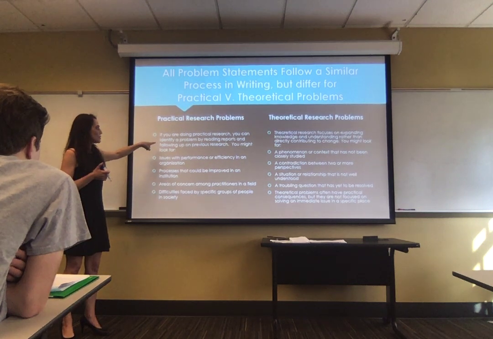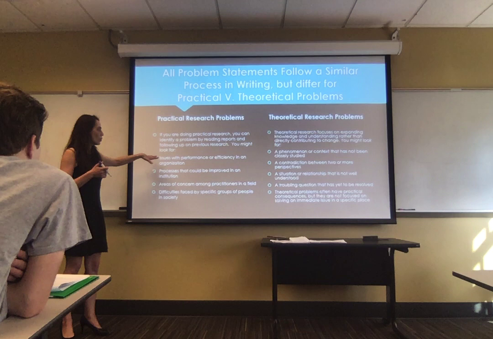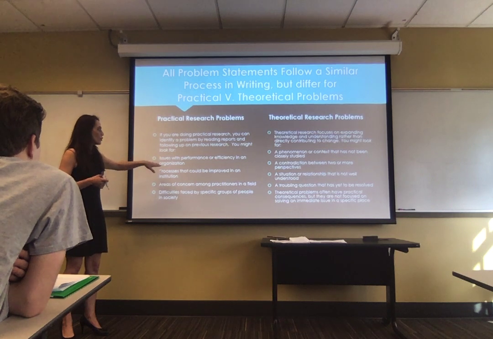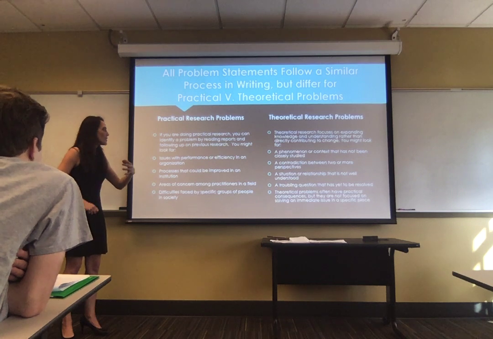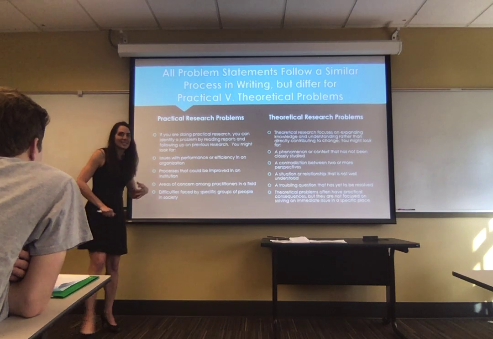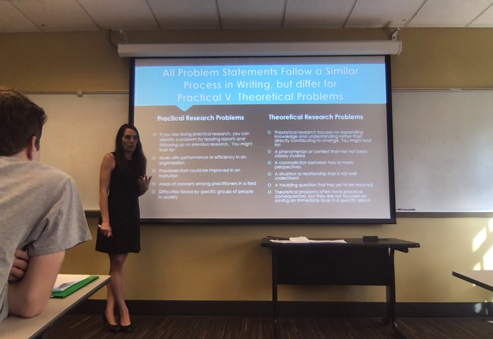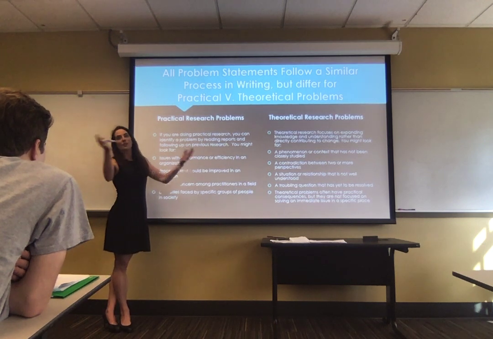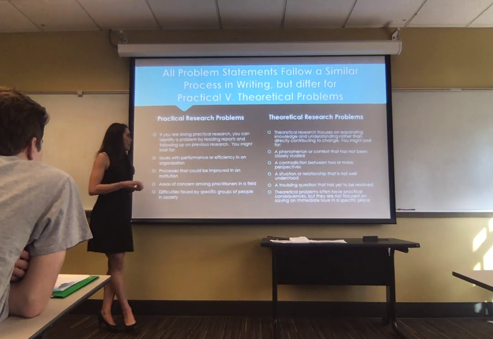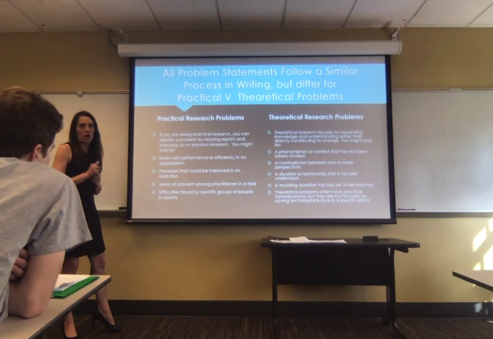If we're doing practical research, we identify a problem by reading reports or following up on previous research. You're going to look for issues of performance, or whether something is effectively working or isn't in an organization. I don't know, like the prison system or the mental health system or the treatment systems of the world, right? Processes that can be improved on.